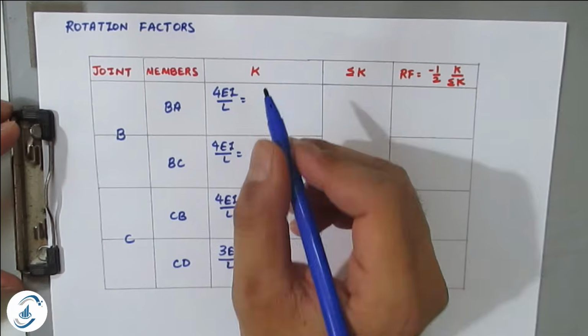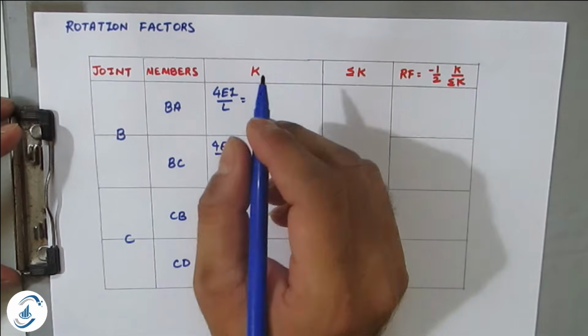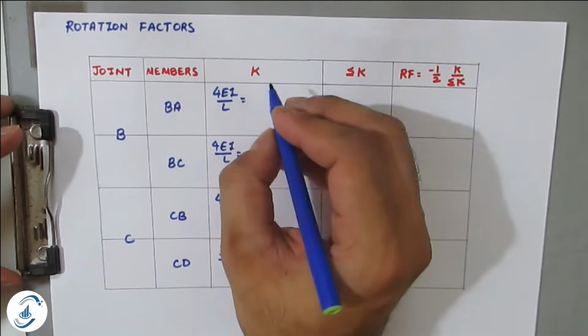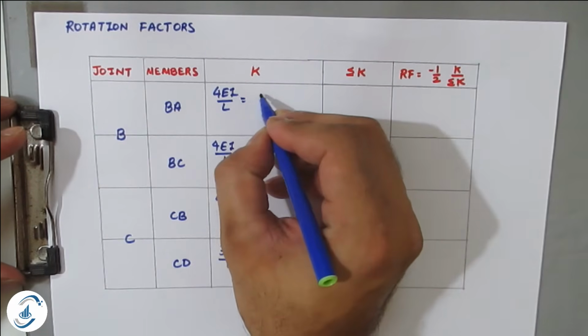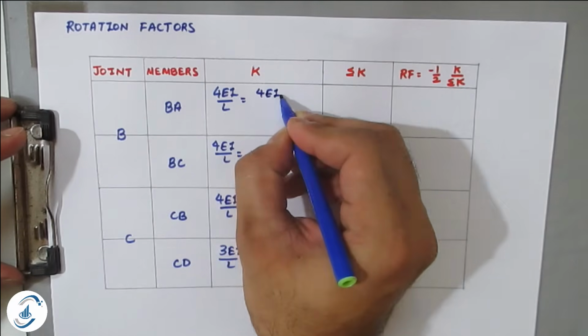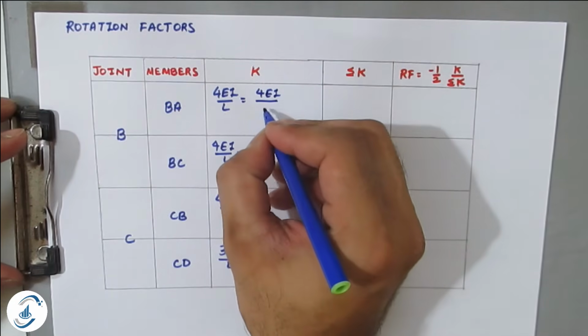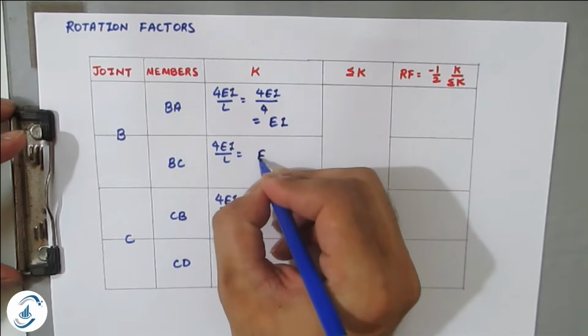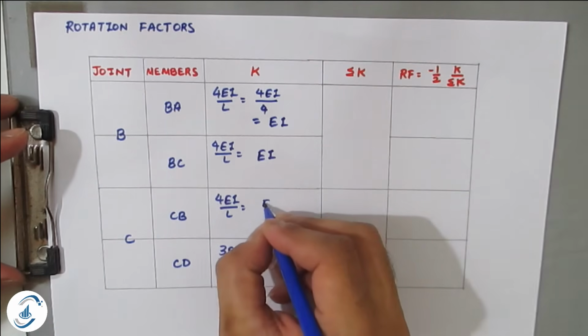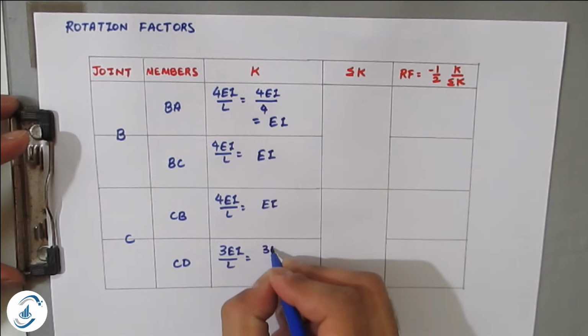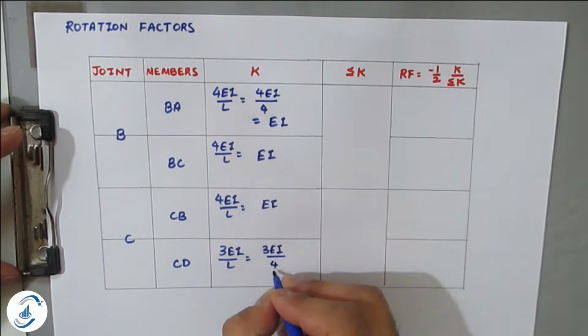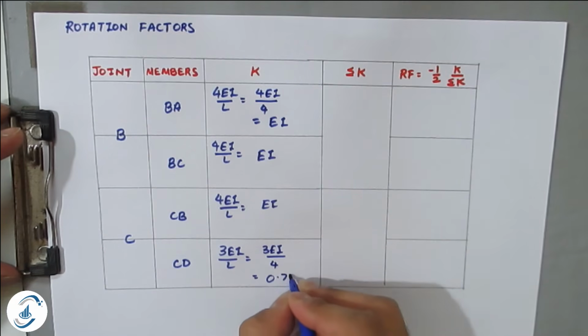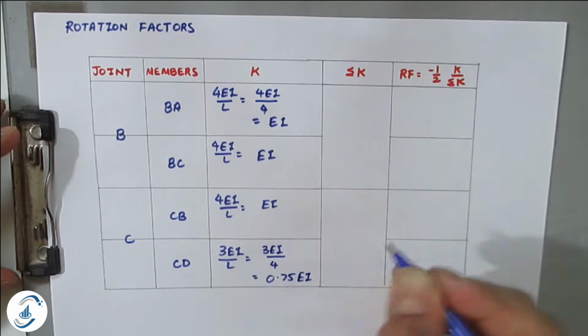The I value and E value are not given, so they are assumed as 1. Here for BA the span is 4, so 4 EI by 4 will be EI. This also will be EI, EI, and this will be 3 EI by 4, 0.75 EI.